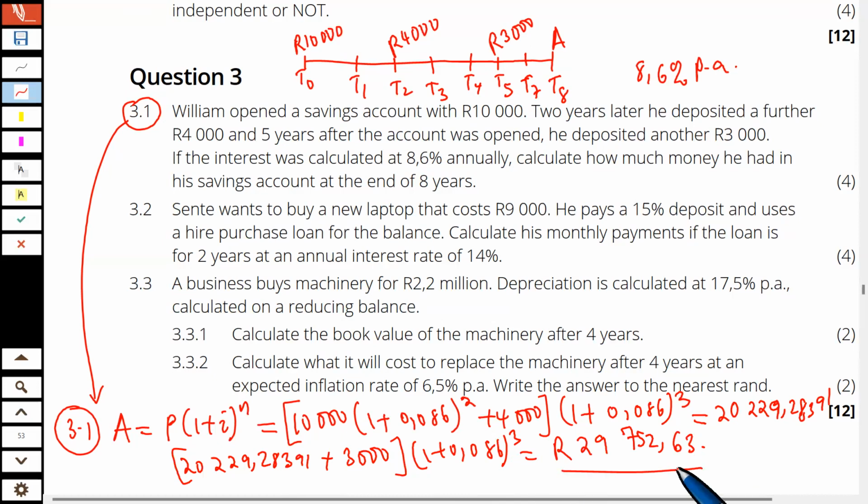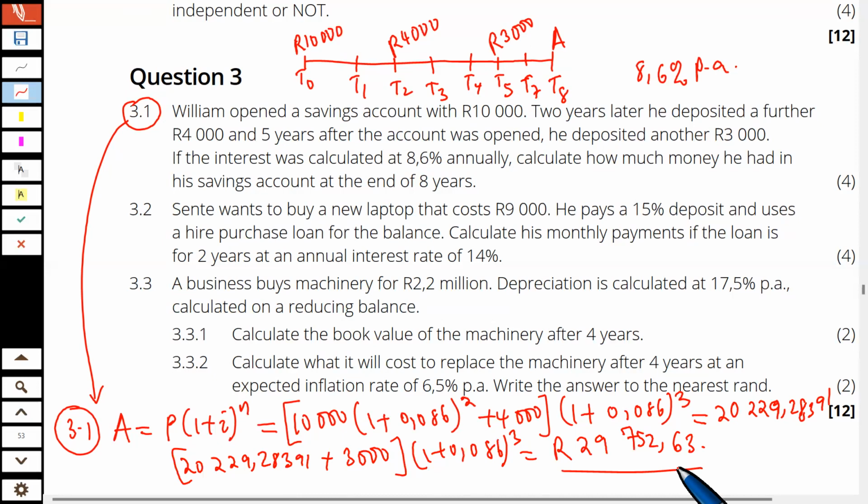So he's going to have in the account this amount of money, 29,000. Okay, so that is the answer, and we are done with that question. So there it is. This is the final answer to the question. Right, so we are good.